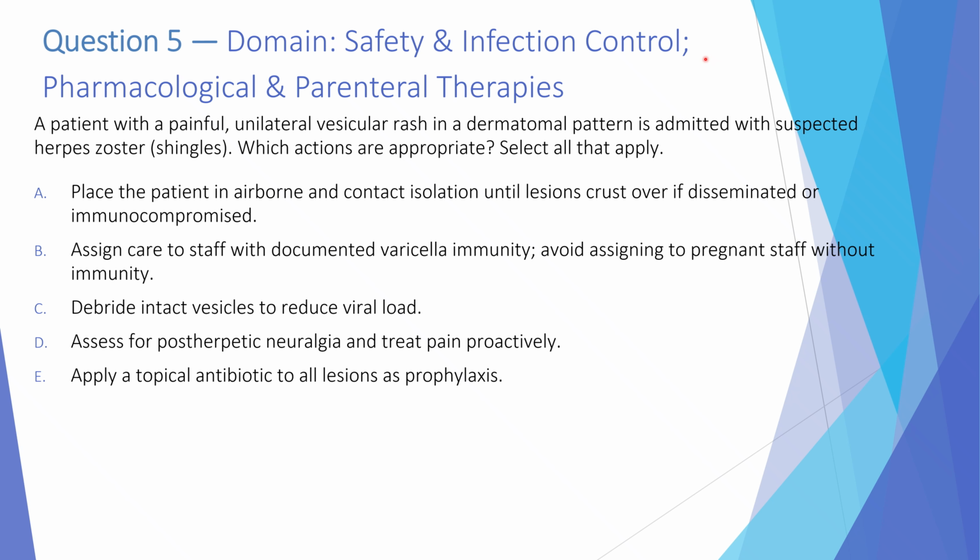Assess for postherpetic neuralgia and treat pain proactively. Apply a topical antibiotic to all lesions as prophylaxis. So the answer, make it obvious: place the patient in airborne and contact isolation, and assign care to staff with documented varicella immunity.